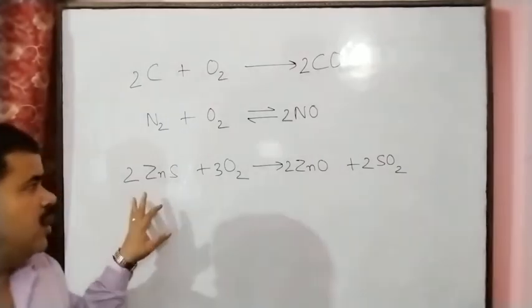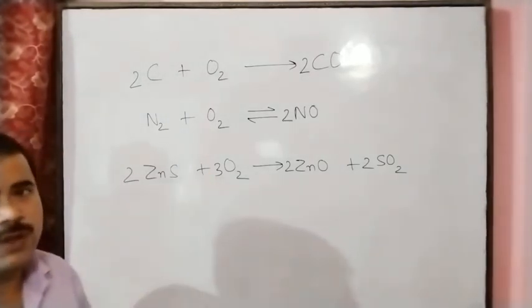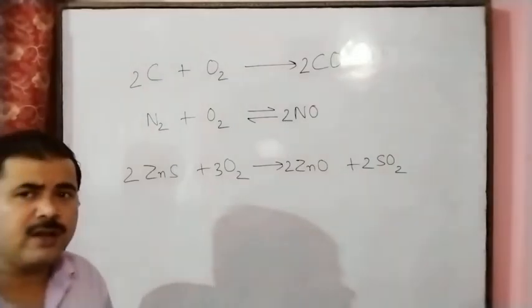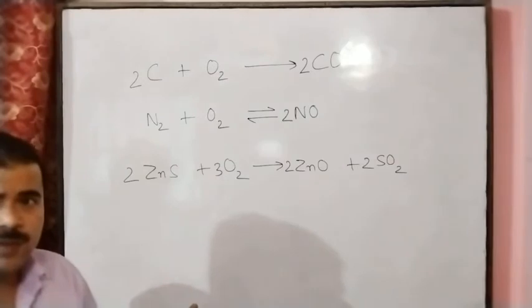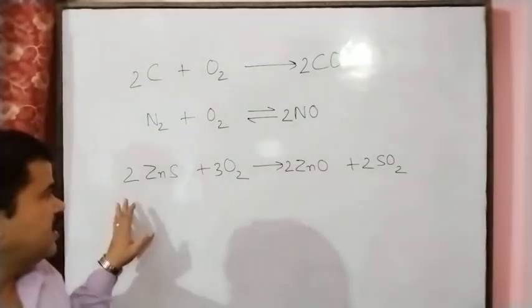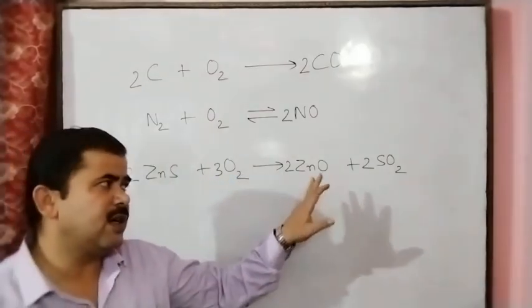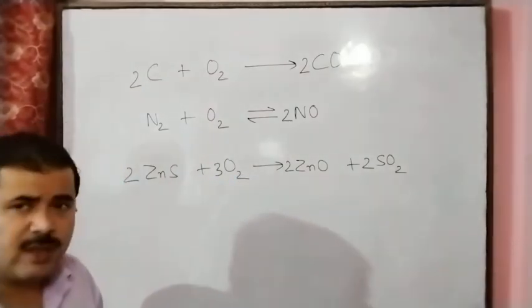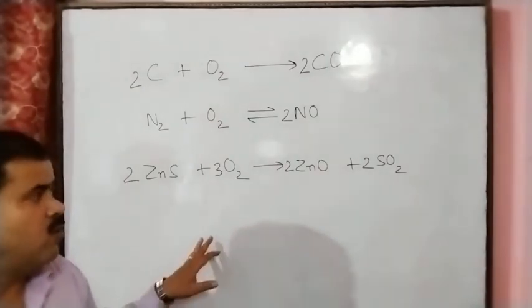You have to balance the chemical equation using whole numbers, because we know that atoms are not divisible, we can't cut them. So in this case we use only whole numbers for balancing the chemical equation.